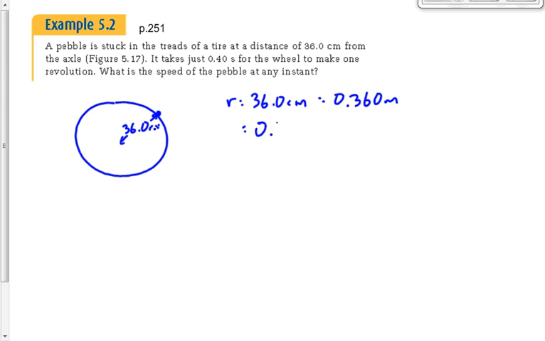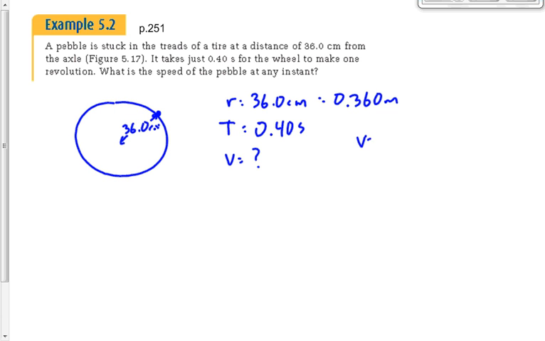We know that something is 0.04 seconds. Can you tell me what that is? It's not speed, is it? Yeah, it's the period. It's the time for one revolution. It's big T, the period. We're looking for the speed here. Now, we know the speed can be given by the equation v equals delta d over delta t, but that distance is not the radius, because the stone hasn't traveled the radius of the circle. It's traveled the circumference.